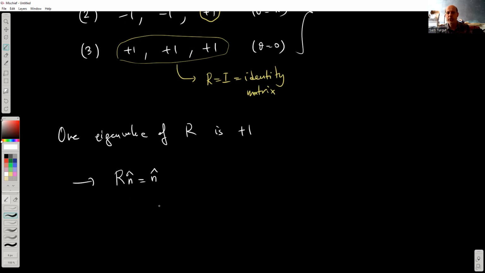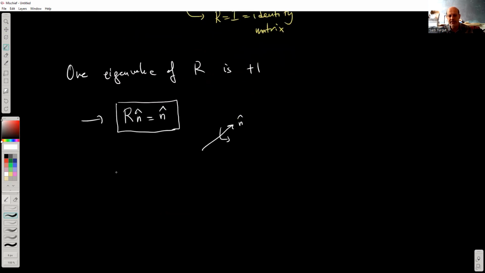This is really an eigenvalue equation, but now I'm going to think of this geometrically. Geometrically, n is a vector that doesn't change after a rotation. As a result, we call n the rotation axis. That's a direction which is invariant under this rotation.